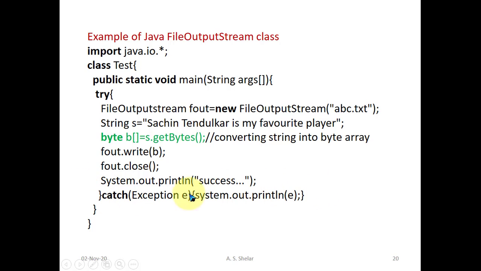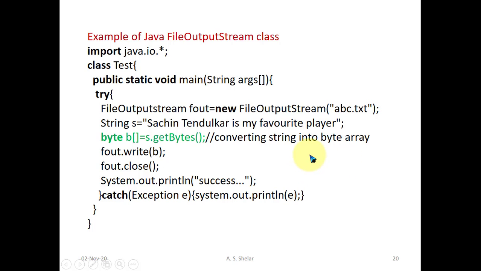Why? Because this is a checked type of exception. Java does not guarantee whether the file is available at the respective location, or whether the file will open at runtime, or whether the write operation will be performed properly by the operating system, and so on. That's why we have to use a try catch block.